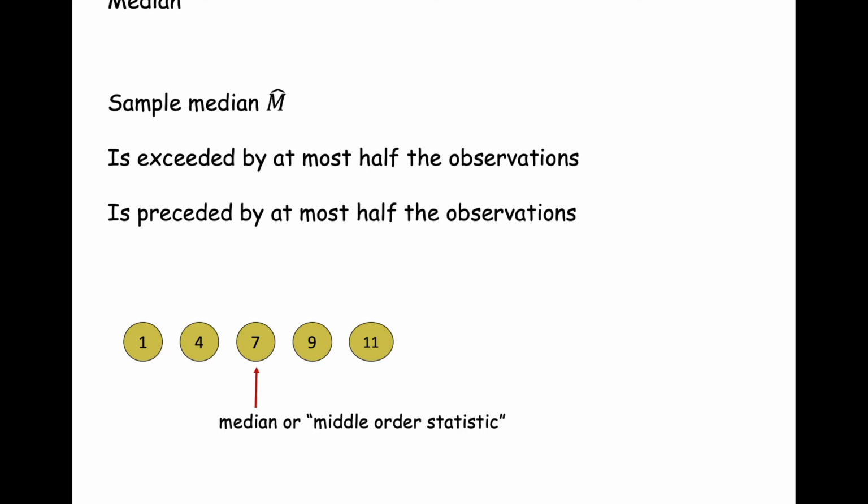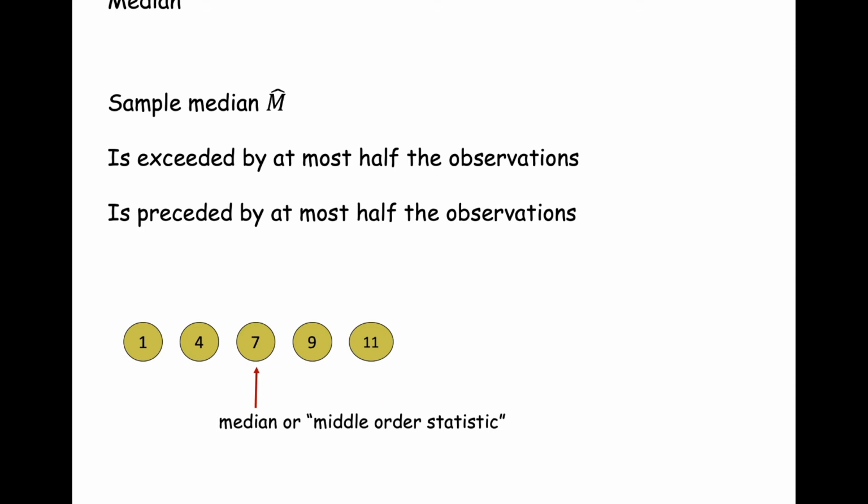So the median is also called the middle order statistic. An order statistic is nothing more than the position of an item when you sort your samples. So let's suppose you sort some samples, 1, 4, 7, 9, 11, in so-called non-decreasing order. We use the term non-decreasing instead of increasing because non-decreasing order also accounts for values that have the same value, not just values that continue to get bigger.